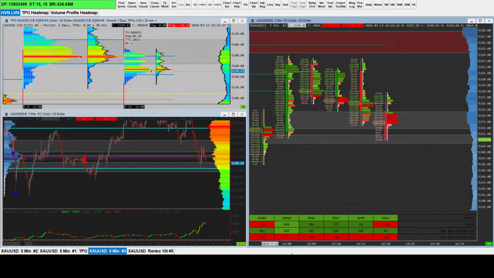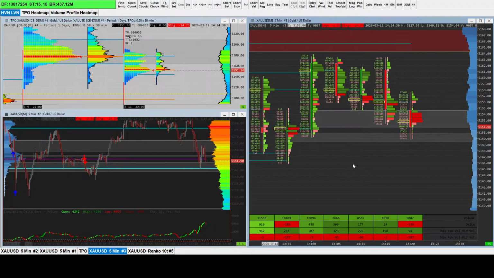Here comes the manipulation. This low volume node is pretty much filled on this candle.